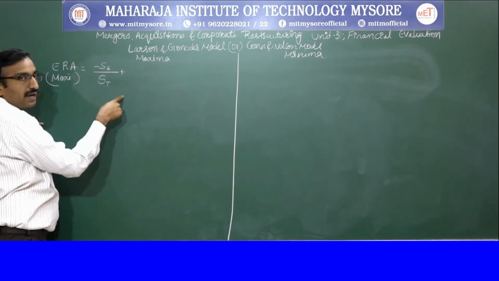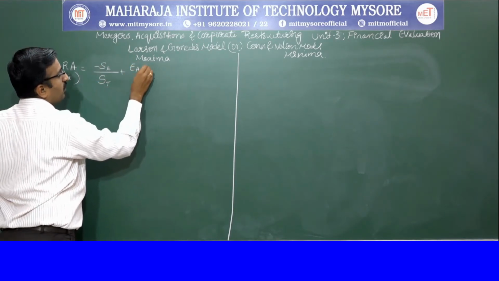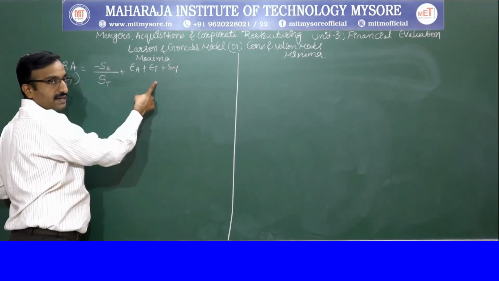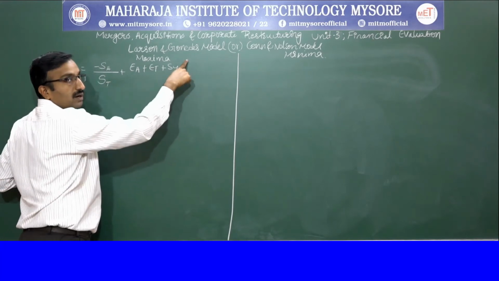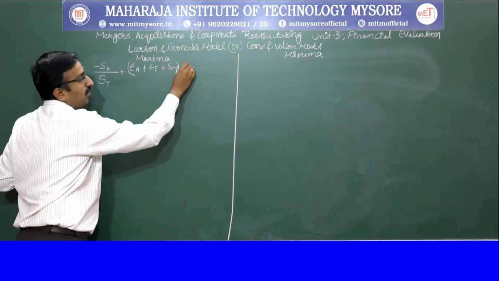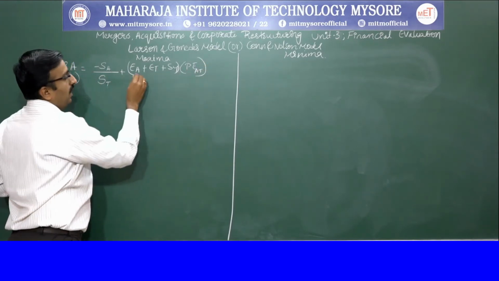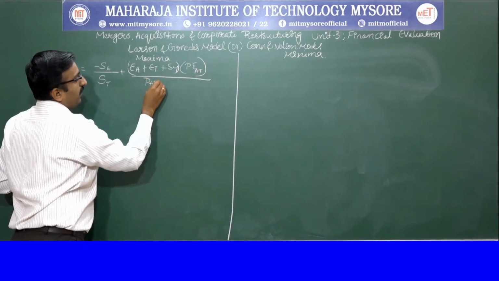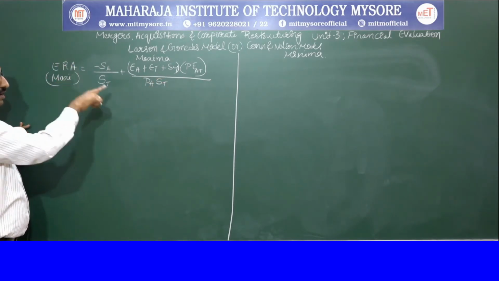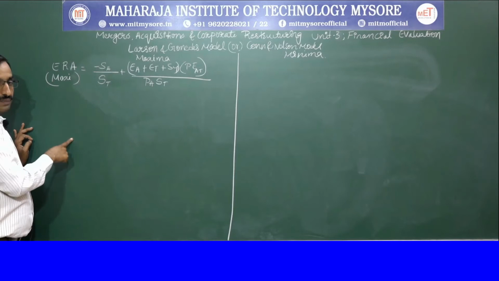So plus earnings of A, earnings of T and synergy, SY, into the P of both A as well as T, and divided by P of A and S of T. We already know what S, P, E and SY are; we learnt that in the theory part.